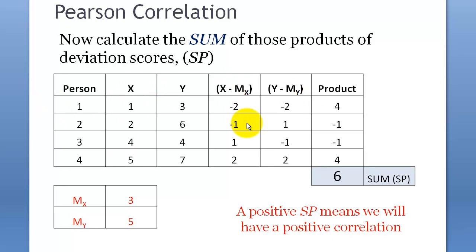Because these numbers are deviations from the mean, and these are deviations from the mean, when you multiply them, it tells the size of deviations as a total. Deviation from what? Deviation from the means. So the mean is that 3 and 5.